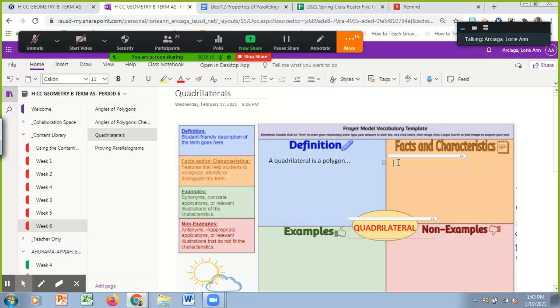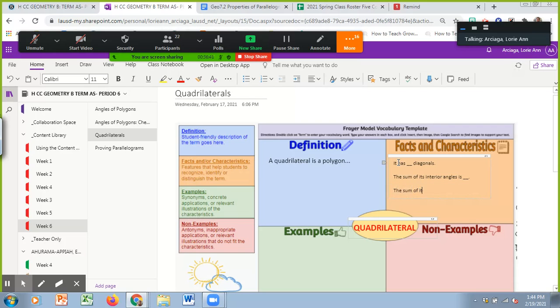Yep. Now let's write down some characteristics. How many diagonals does it have? You can write about that. Next will be the sum of its interior angles is, write about that.